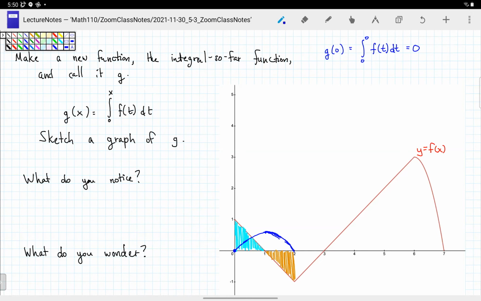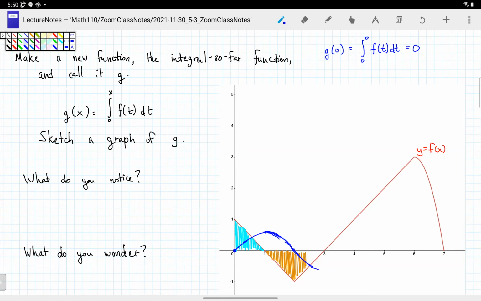Okay, and now I keep going, and I'm still adding more negative to my integral. So my g is still decreasing. But now it's decreasing at a decreasing rate.